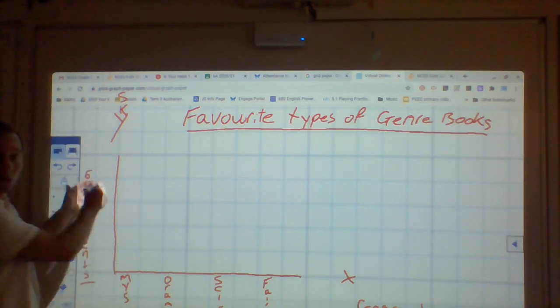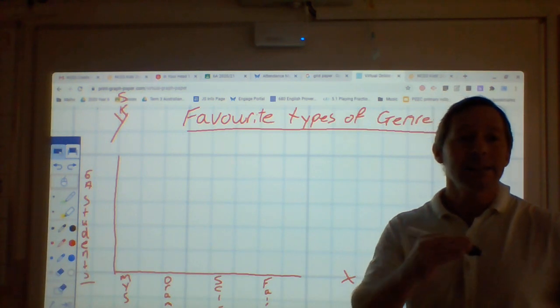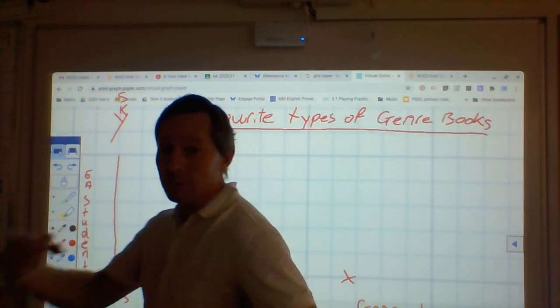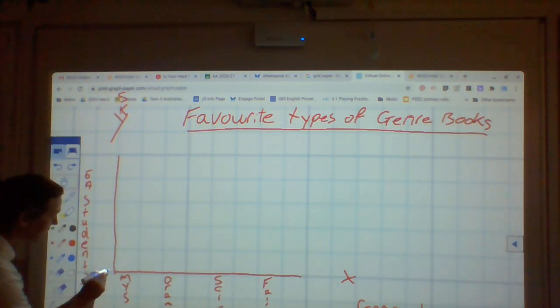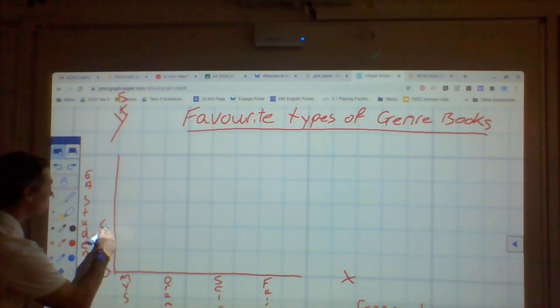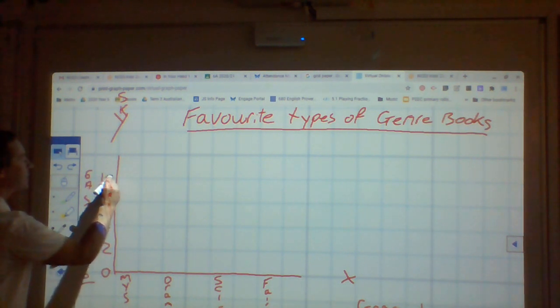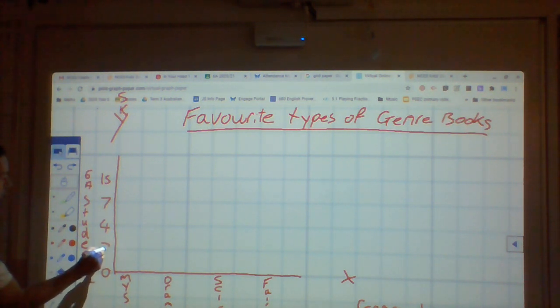When you do your Y-axis, you need to make sure that it's scaled in even multiples. Multiples means multiplying. So you can't do this. You'd have 0 down here, which is great, but then you can't do 2, 4, 7, 15. They're not evenly scaled at all, are they? So I'll get rid of those.